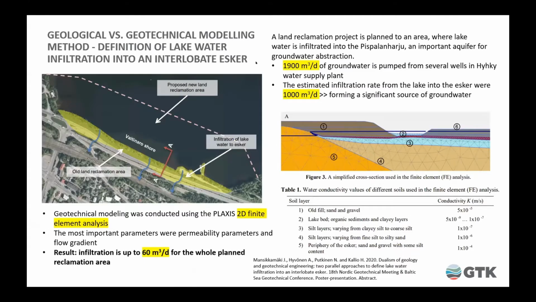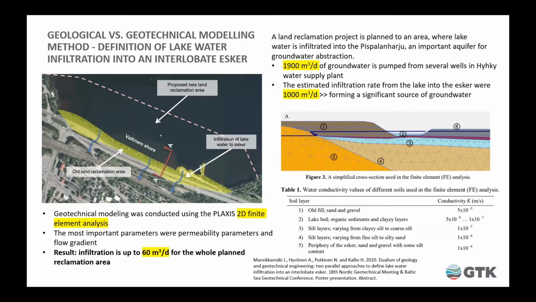This is now a modeling example from city of Tampere area. So the city of Tampere were interested to know what is the infiltration rate of the lake water into the esker. So they are planning a landfill area, some man-made islands here for a new housing area.